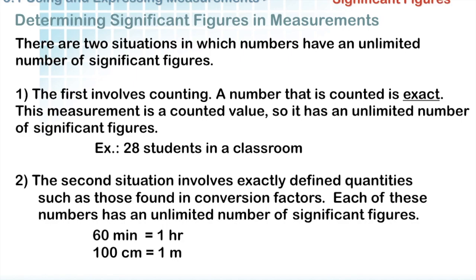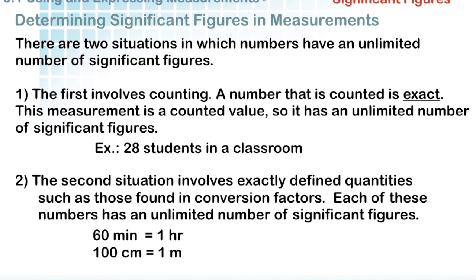The first one is there's 2 situations in which numbers will have an unlimited number of significant figures. The first one involves counting. A number that is counted is exact. This measurement is a counted value, so it has an unlimited number of significant figures. For example, if there are 28 students in a classroom, that's an exact number. You can't have half a student.